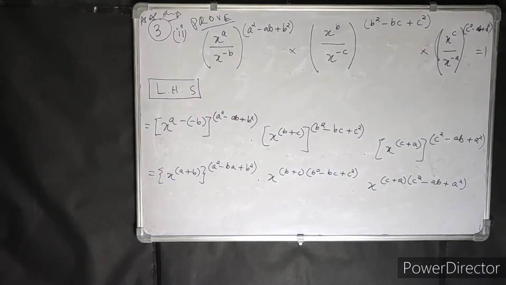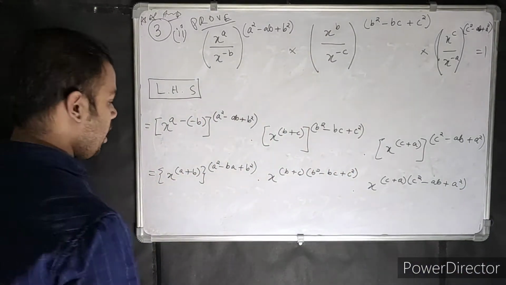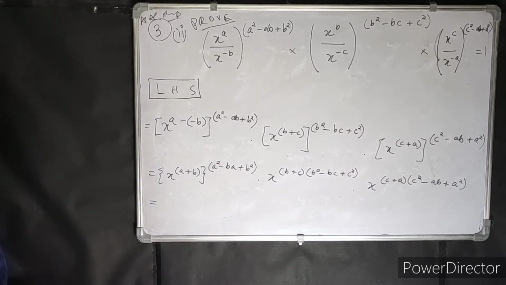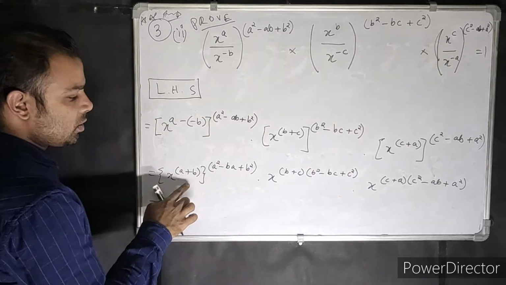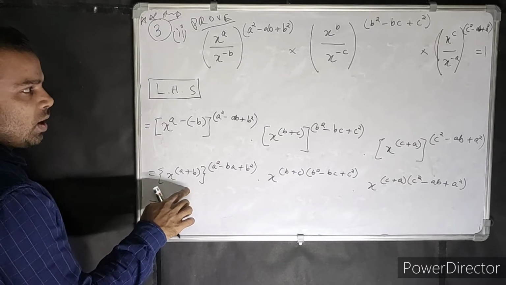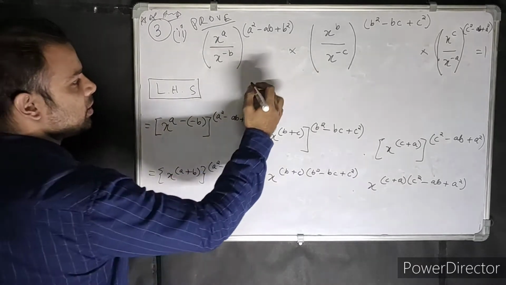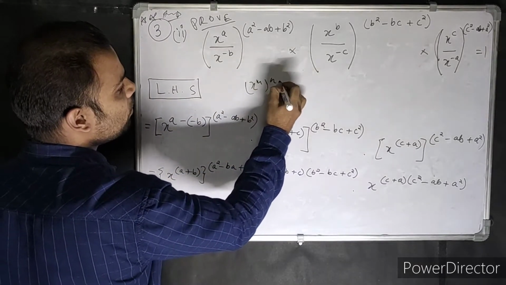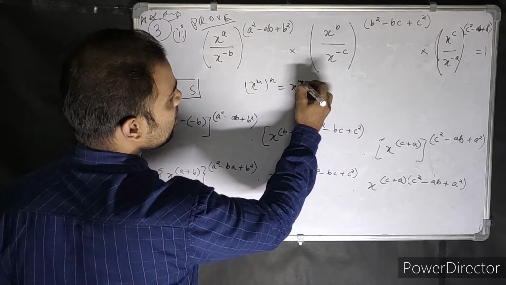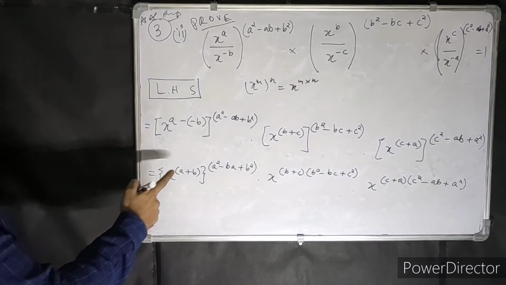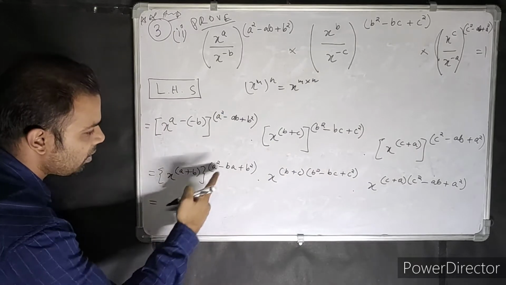Now it's time to multiply everything. This is one of the formulas: x to the power m whole to the power n is x to the power m into n. So now you have to multiply the powers. Let's start multiplying from here.